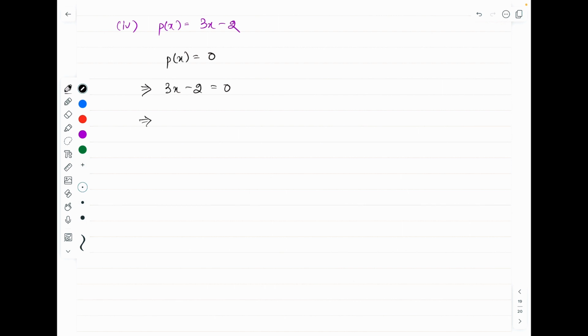So this becomes 3x equals 2. So x equals 2 by 3. So we can write 2 by 3 is the zero of the polynomial 3x minus 2.